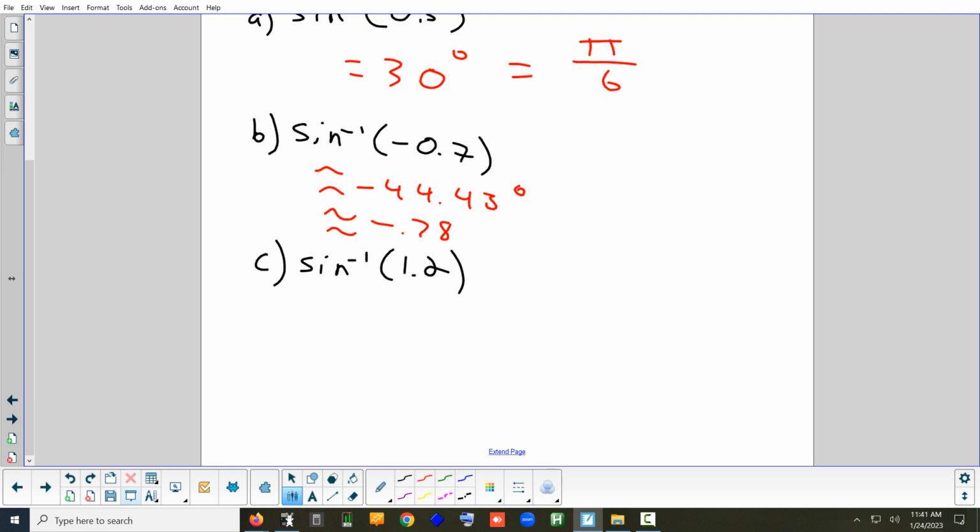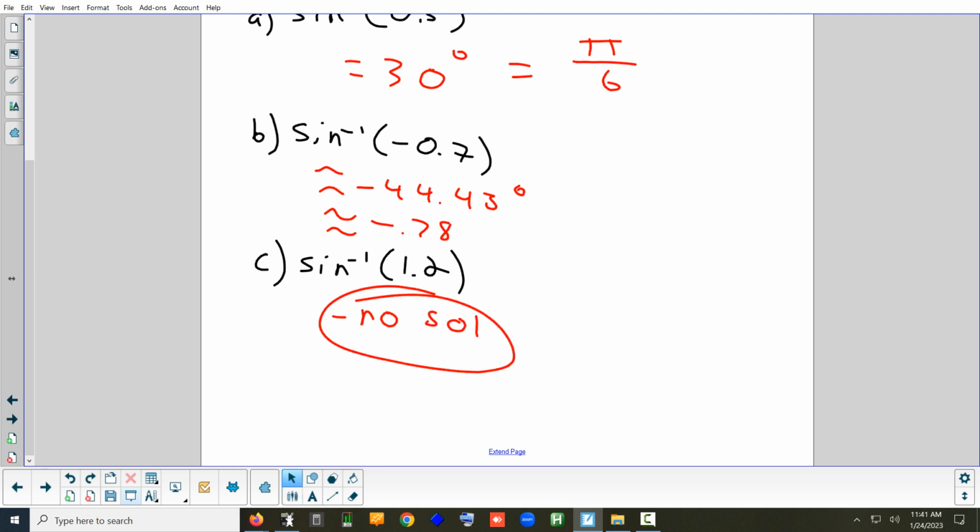So there's no solution. And inverse cosine and inverse tangent would be the same. Second cosine, or second and then tangent. Okay, and that's 7.2 purple. Any questions on that? That's it.